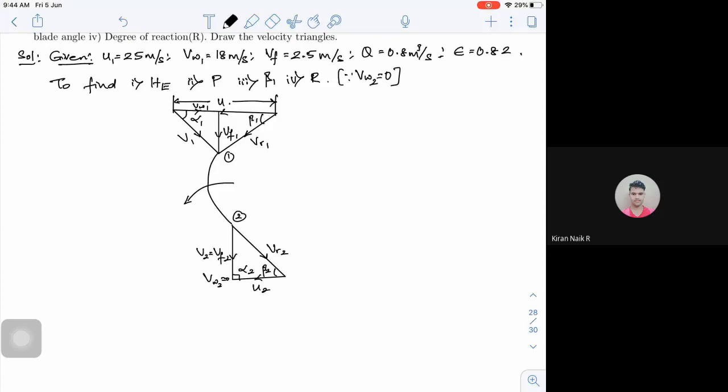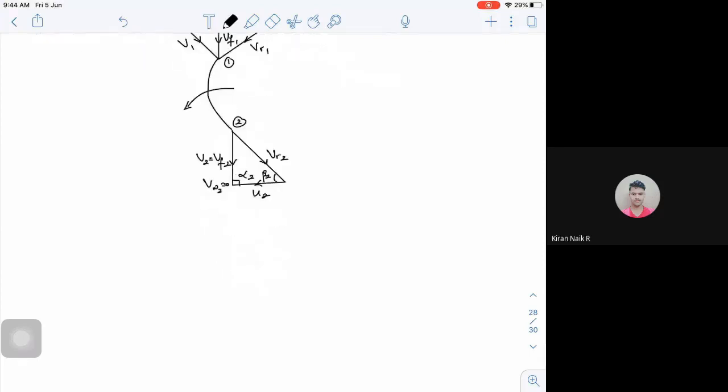Now, what is your Euler head? The first and foremost component we are supposed to find is the Euler head. So the Euler head is given by HE is equal to your Euler's work divided by g, that is VW1 into U1 minus VW2 into U2, divided by g.